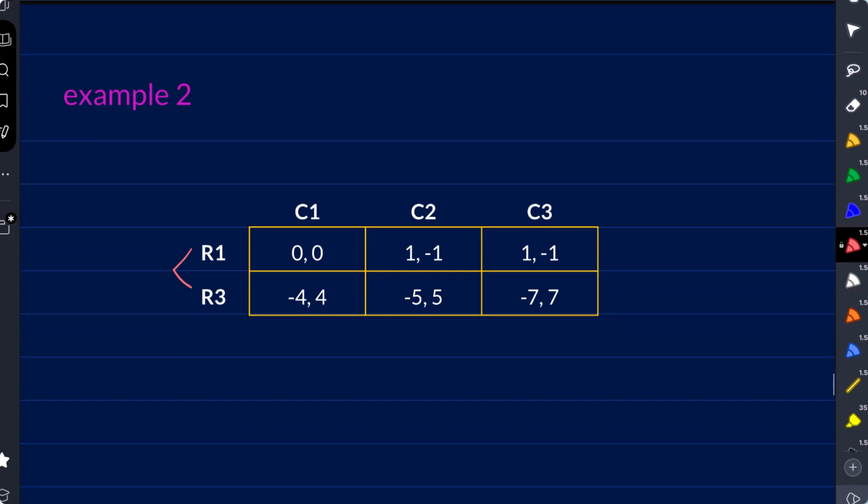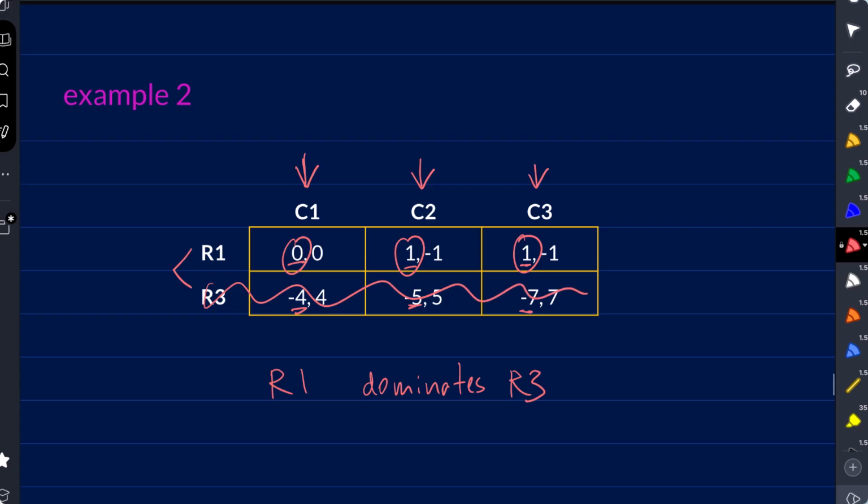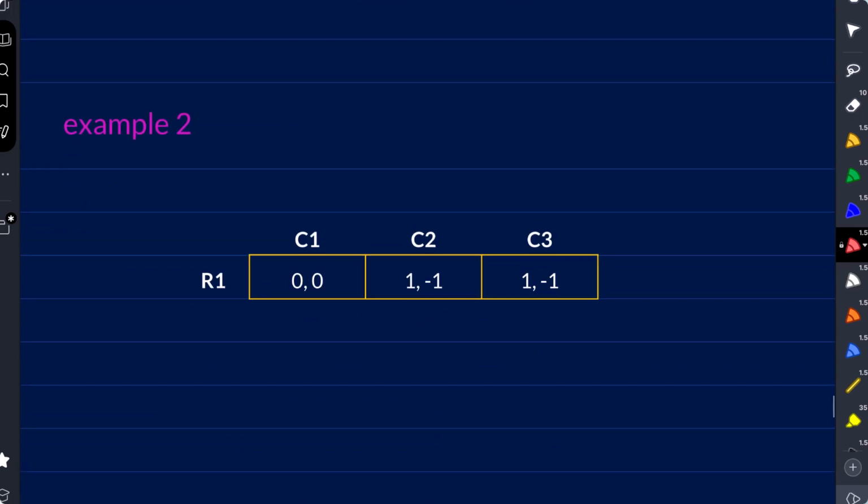Let's look at player 1 strategies again. If C1 happens, R1 is better. If C2 happens, R1 is better. And if C3 happens, R1 is better. So R1 dominates R3, which means we have this. Now we know R1 is going to happen.